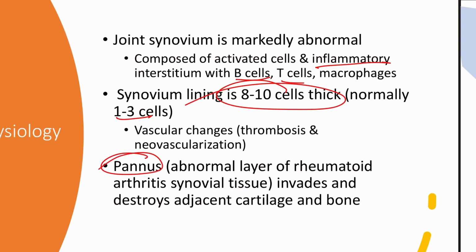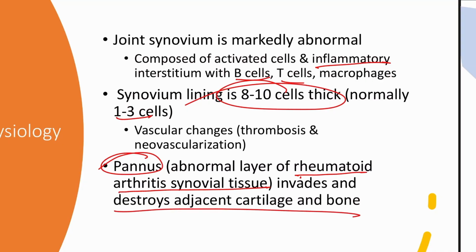This is also pathognomonic for rheumatoid arthritis. It's called a pannus, P-A-N-N-U-S. If you see anything with that, think rheumatoid arthritis, because they go together. So pannus is an abnormal layer of rheumatoid arthritic synovial tissue, and this tissue will invade and destroy the adjacent bone and cartilage.